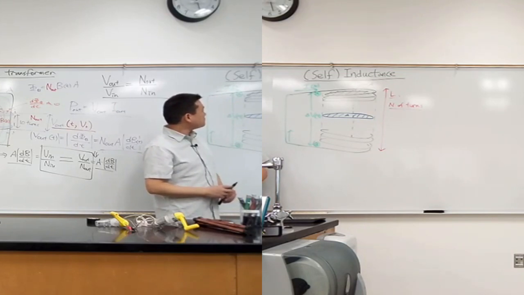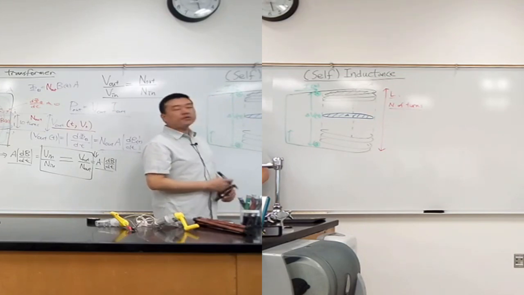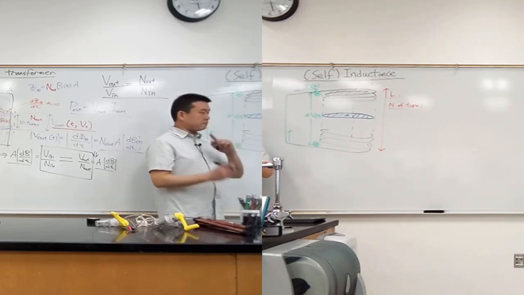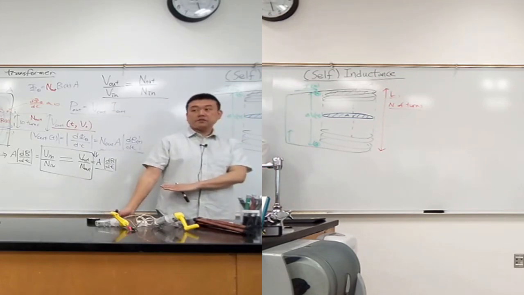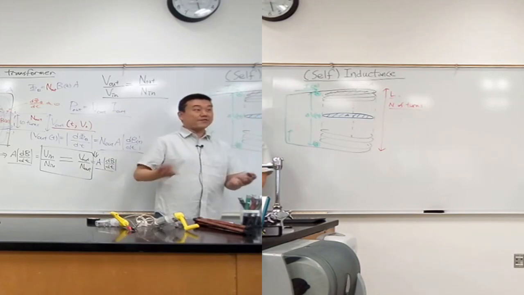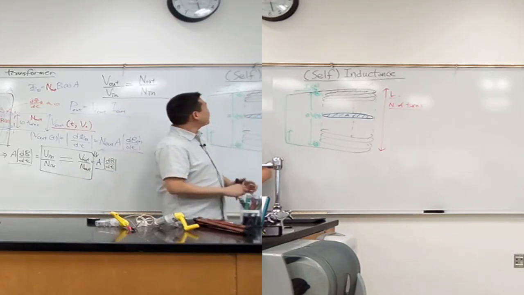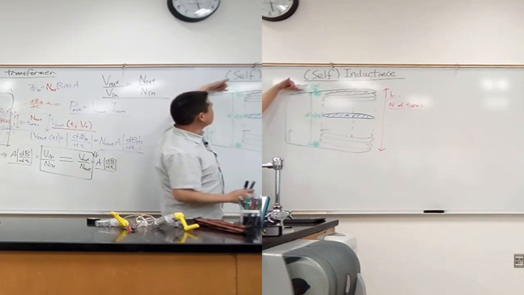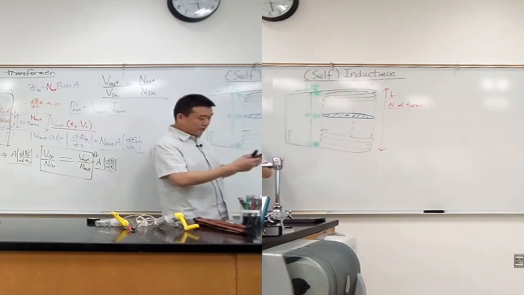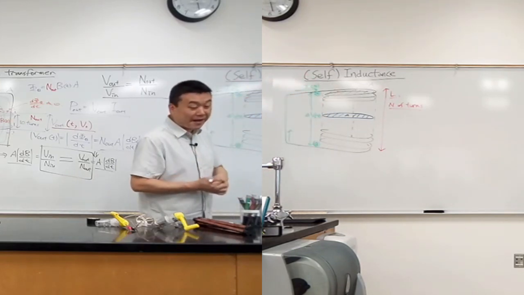I want to figure out the direction. I want to specify the direction so that I'm not going to be taking absolute values. I'm going to be actually paying attention to direction this time. And let me say current is going in as drawn here. When I drew this current here, this was the direction that was in my head.